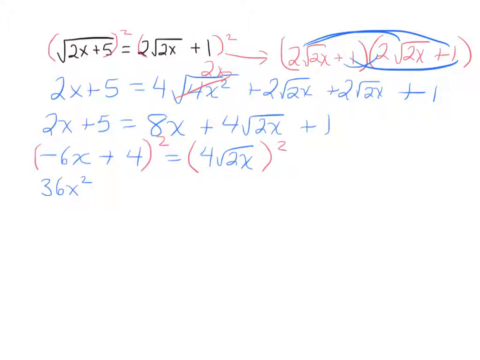And then minus 24x minus 24x and plus 16 equals, and now when I square this 4 root 2x, I square the 4, that's 16, and I square the root 2x, and that's just 2x. Because the squaring just cancels out the square root sign.